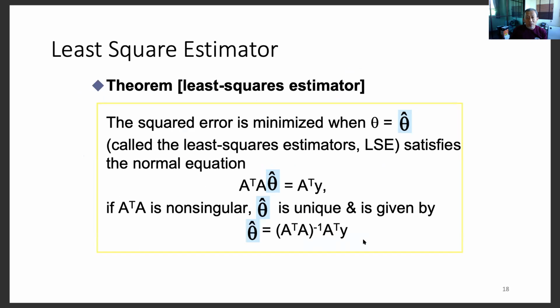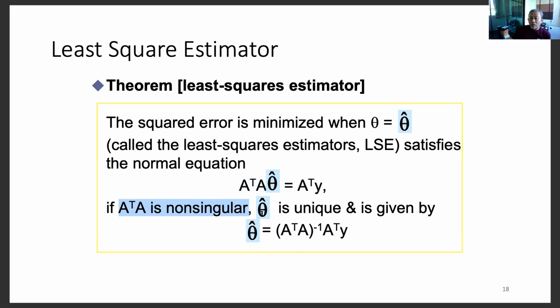The theorem of least square says that the squared error is minimized when theta is equal to theta hat. We call it the least square estimator, or LSE, which satisfies the normal equations here: A transpose multiplied by A, multiplied by theta hat, equals A transpose multiplied by Y, where A transpose A is a non-singular matrix.